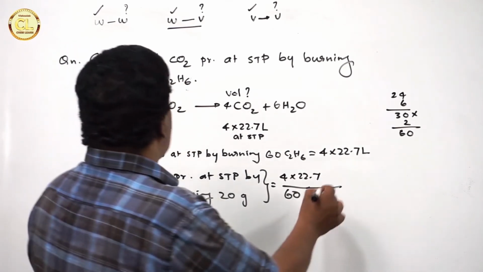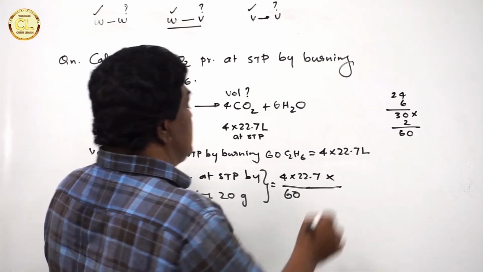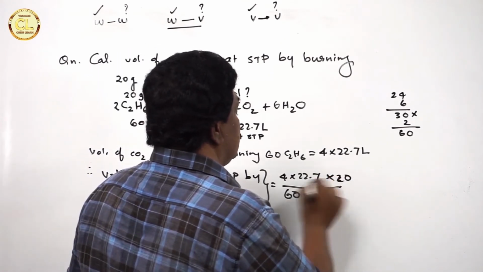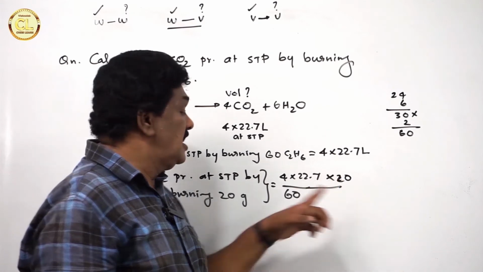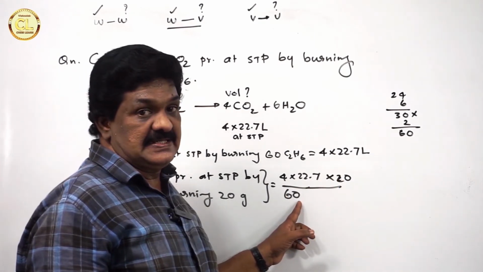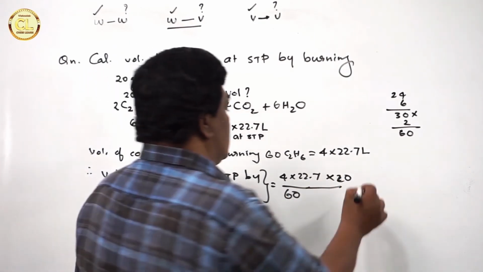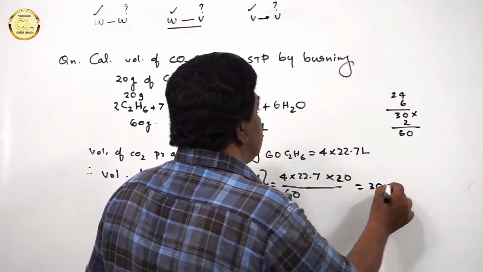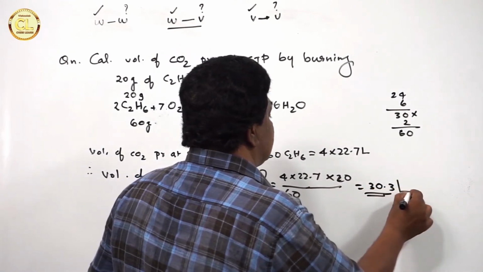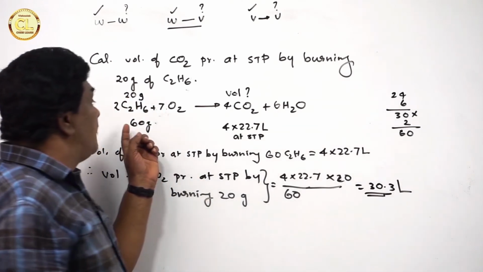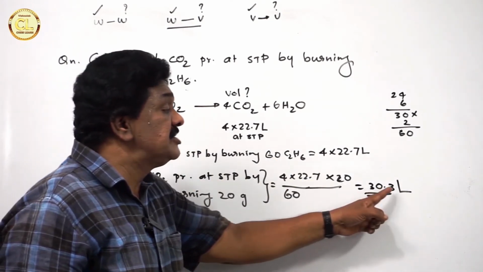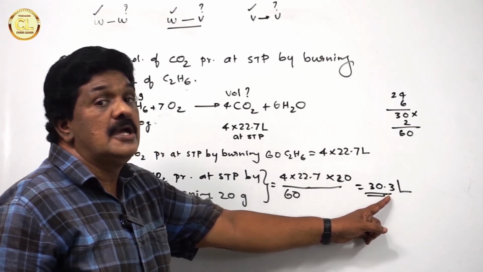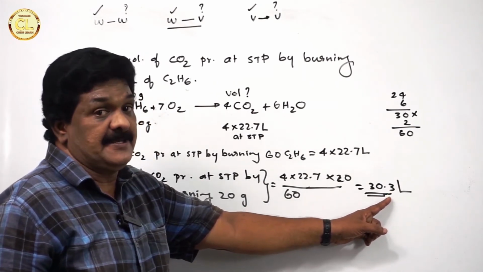Then for 20 grams, it is 4 into 22.7 into 20 divided by 60. That is equal to 30.3 liters. Therefore, 20 gram ethane can produce 30.3 liters of carbon dioxide at STP.